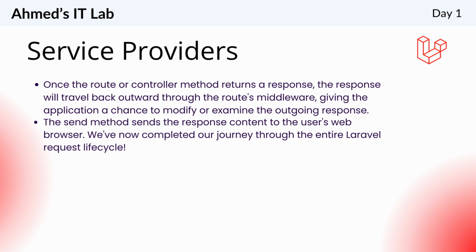Finally, once the response travels back through the middleware, the HTTP kernel's handle method returns the response object to the handleRequest method of the application. And this method calls the send method on the returned response. The send method sends the response content to the user's web browser.